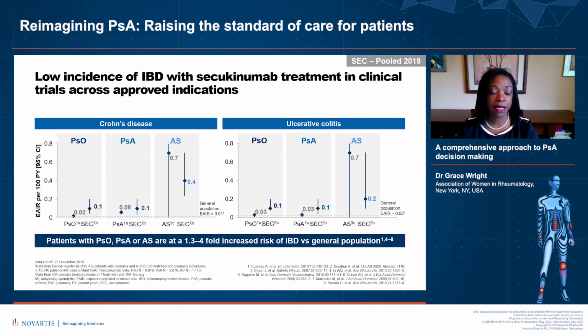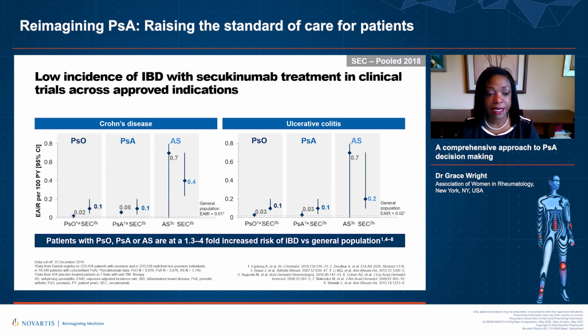When we then look at secukinumab itself and the inflammatory bowel disease in secukinumab-treated patients in clinical trials across the 3 approved indications, which would include psoriasis, psoriatic arthritis, and ankylosing spondylitis, we see the rates here compared to the background rates of 0.1 for psoriasis, 0.1 for psoriatic arthritis, and 0.4 in the Crohn's disease population, and 0.1 for psoriasis and psoriatic arthritis, and 0.2 in the ankylosing spondylitis for that risk of ulcerative colitis.